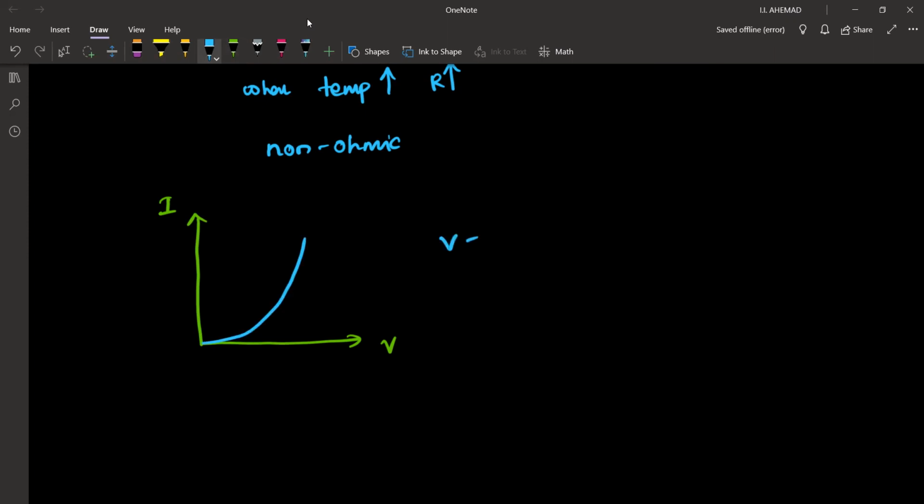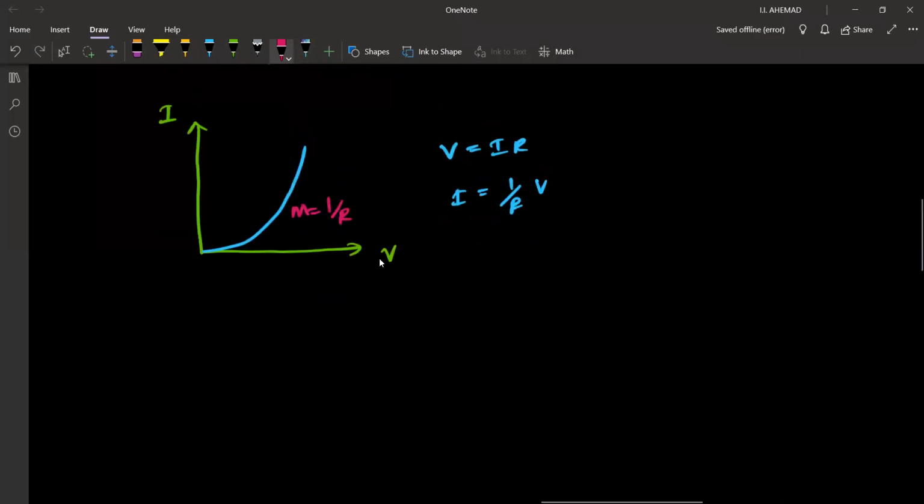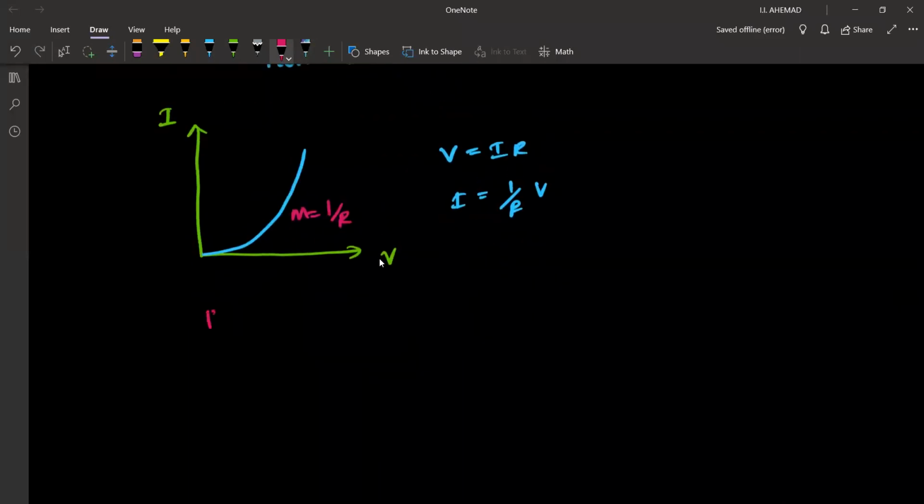V is equal IR, I is equal 1 over R into V. So here M is 1 over R. When temperature increases, resistance decreases. Here resistance is decreasing, therefore gradient is increasing.